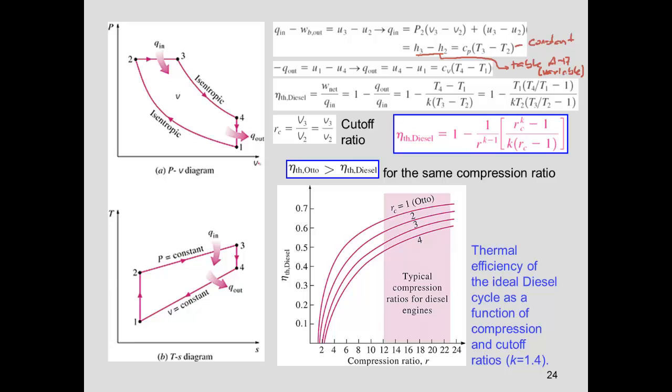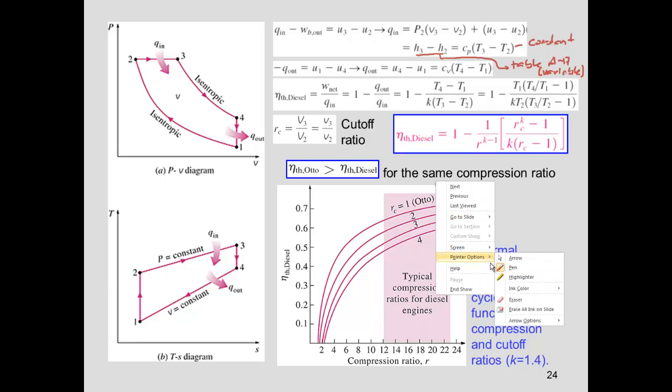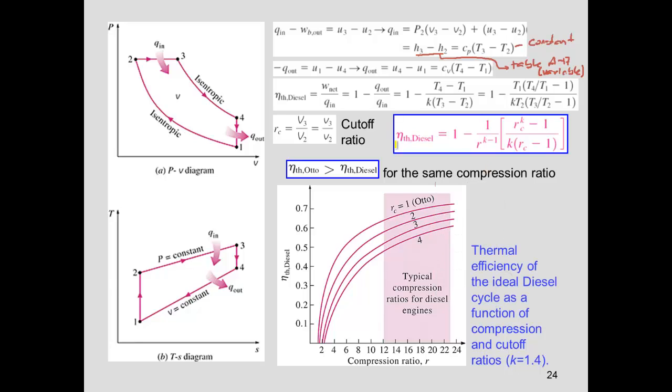Now we introduce a cutoff ratio, and if we perform this analysis again with constant specific heats, we're going to get to this expression. Let me just highlight it for you.